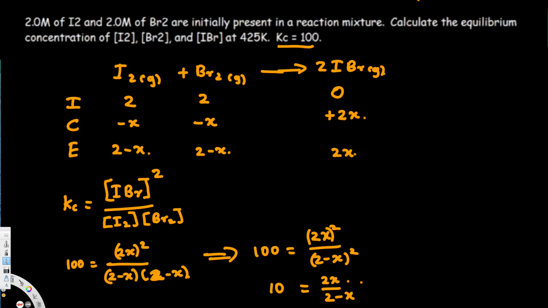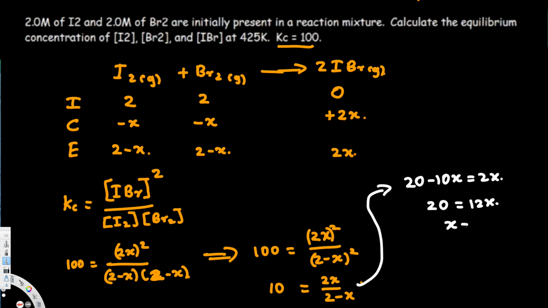If I multiply 2 minus x with 10, that's going to give us 20 minus 10x, which is equivalent to 2x, right? And if I move this 10x to the other side, that's going to give us 20 is equal to 12x. Therefore x is equivalent to 20 over 12. If you calculate this value, you should get x equal to 1.67.